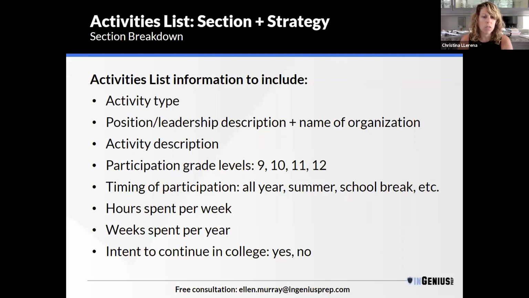What are your outcomes? The participation levels, in terms of the grades that you did it, and the timing. Was this all year, summer break, school break, hours spent per week, weeks spent per year, and then intent to continue in college or not. Really important. Some students get hung up on the intent. If there isn't an equivalent in college, don't worry about saying no.